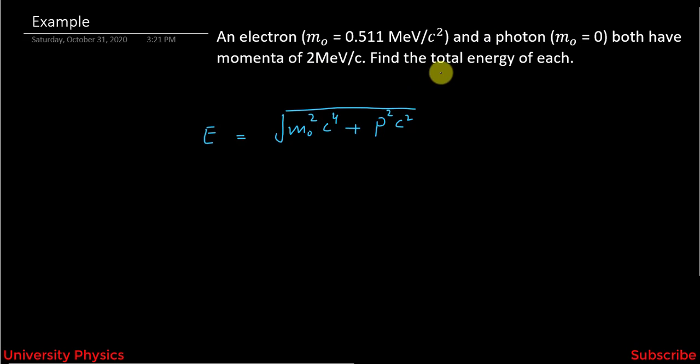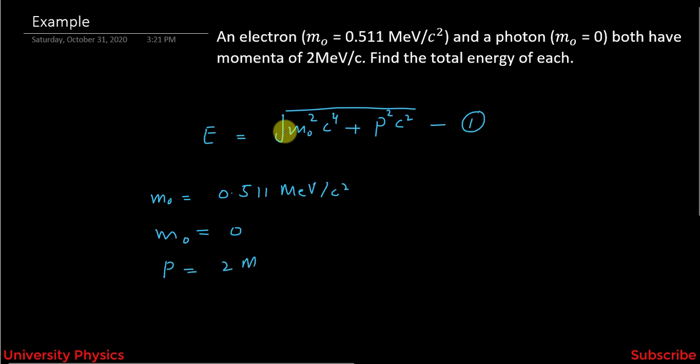To find the total energy of each one, we have to use this equation. Let me name this equation 1. According to this example, the given data is m naught, the rest mass of the electron, is 0.511 MeV per c square, and the rest mass of the photon is 0, and both have momentum of 2 MeV per c.